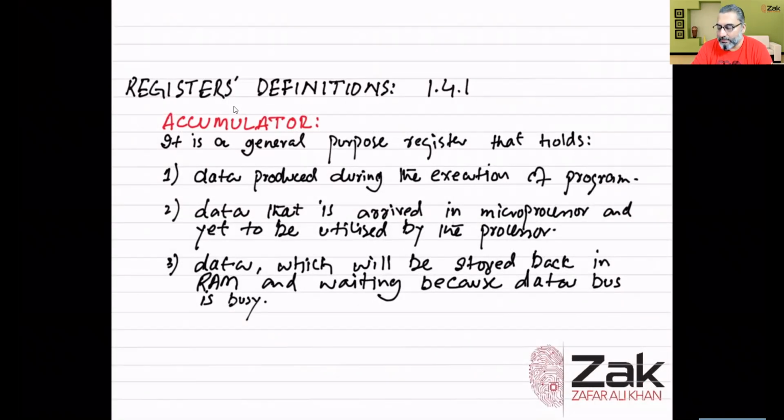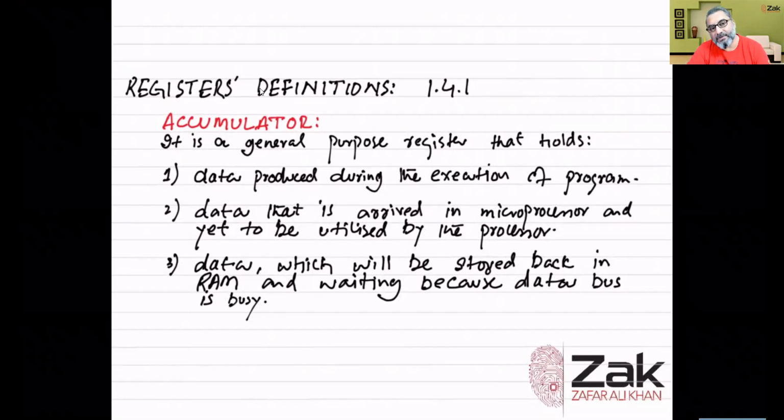Now there is one important thing that I need to talk about. If the MDR, memory data register, has got an instruction in it, then that instruction would go to the CIR. But what if it gets data in it?